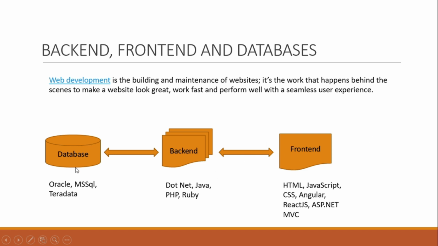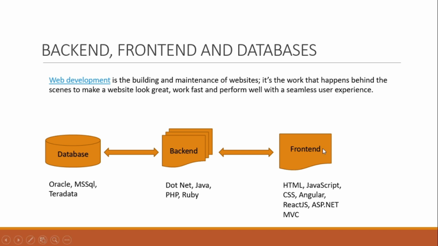Here you can see the database is connected to the backend and the backend is connected to the front end. So any users or any browser, any web application, or any type of access provider, we can consume these APIs through the browser, mobile applications, tablets, and all other components.